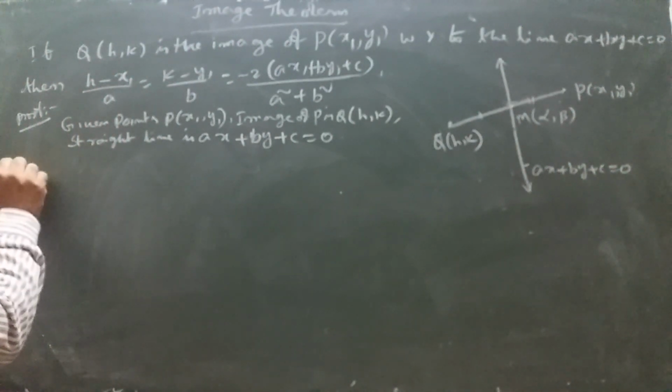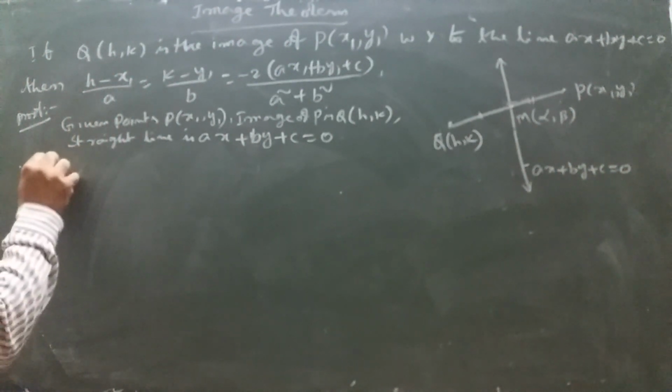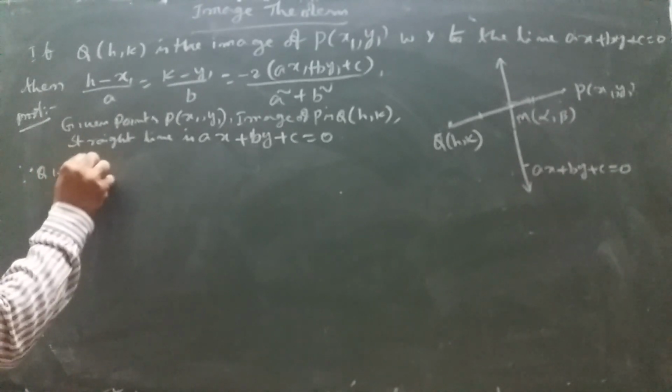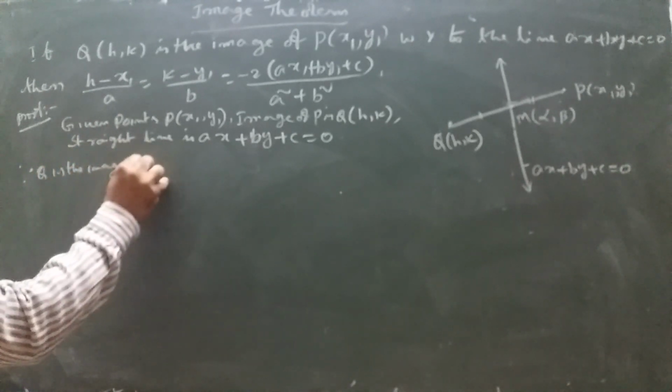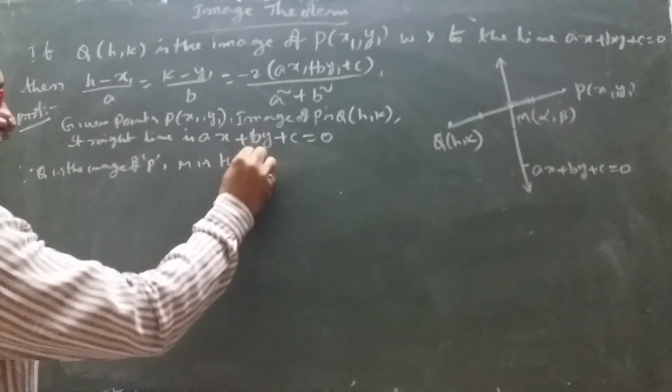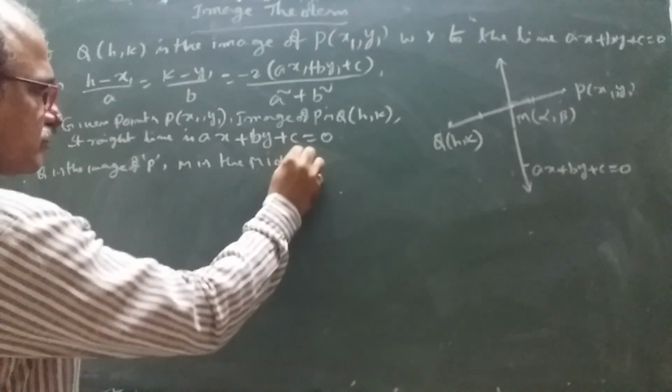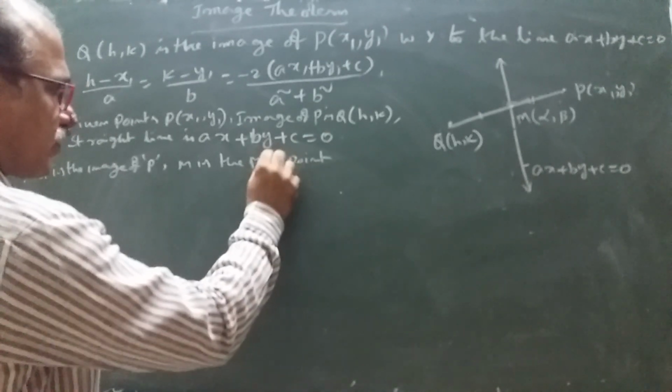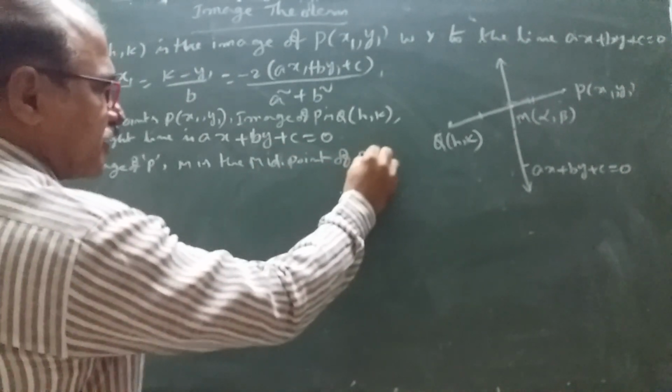Since Q is the image of P, M is the midpoint of PQ.